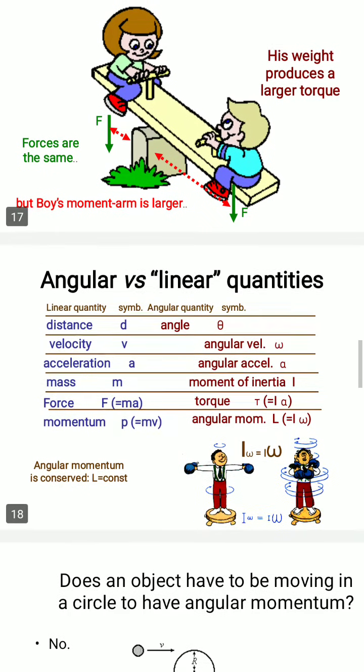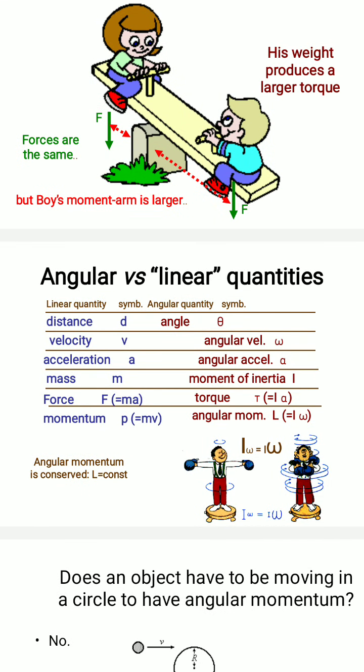Now, angular versus linear quantity, we have one more term which is momentum. Instead of force, we have torque, I into alpha. Instead of momentum, P equals mv, we have I into omega, where I is the moment of inertia and omega is the angular velocity.